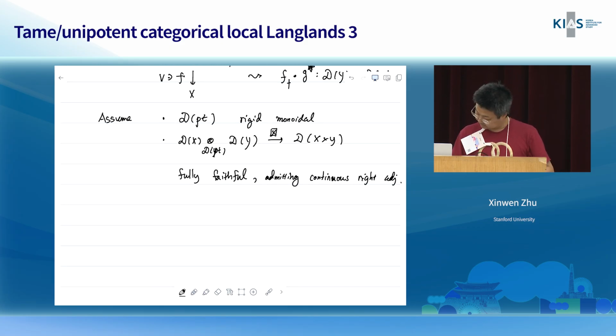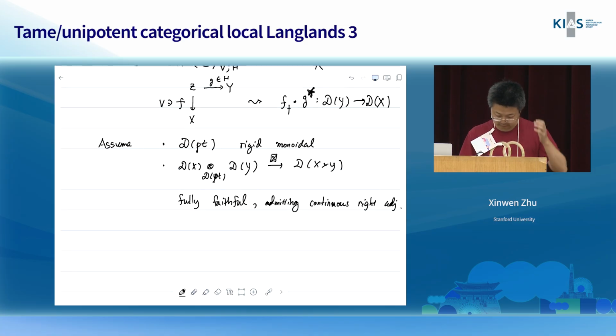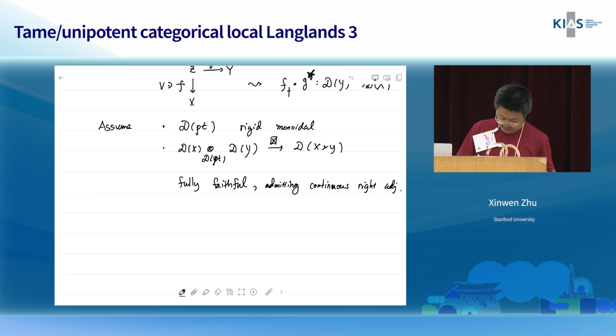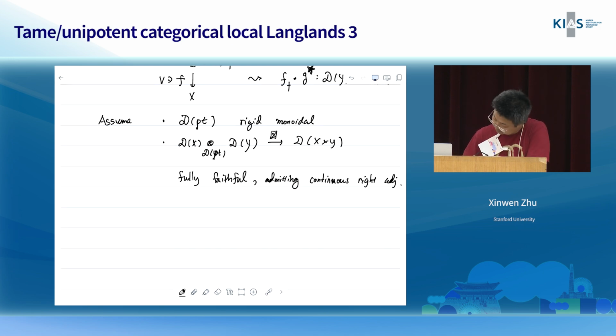Okay, I assume this is true. One could do more general things, but these assumptions are enough for our applications. Now suppose I'm given some X, an object in C, satisfying the following two conditions.